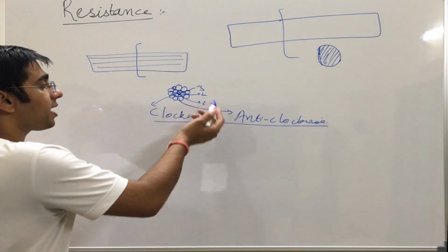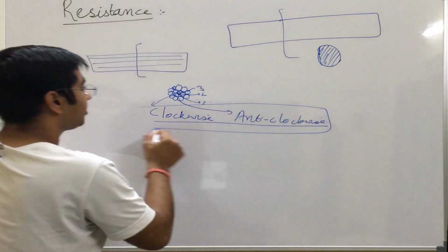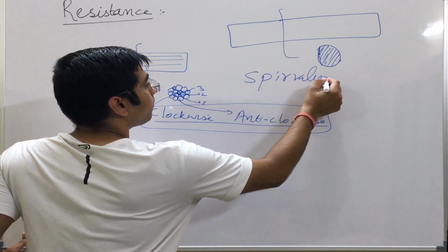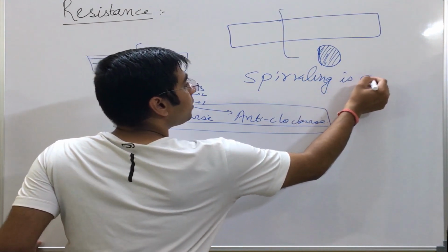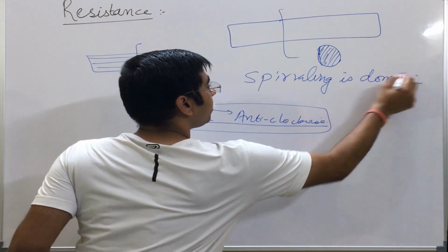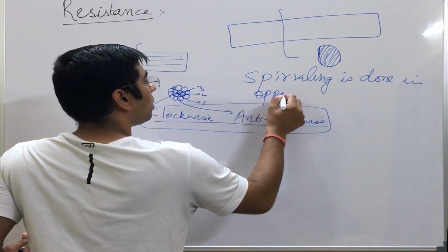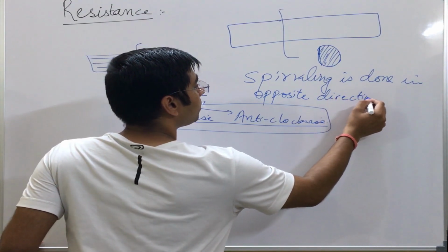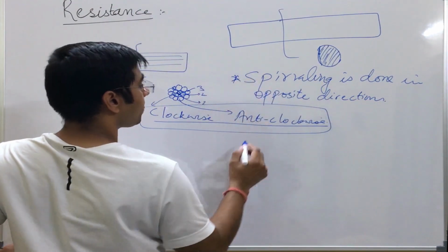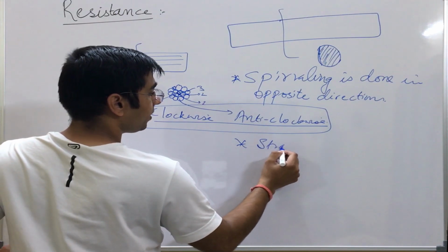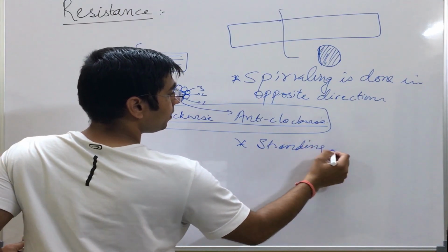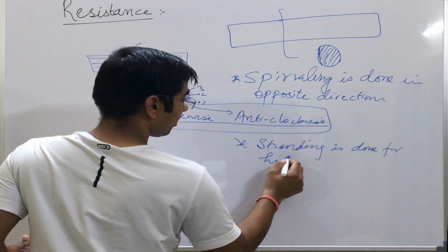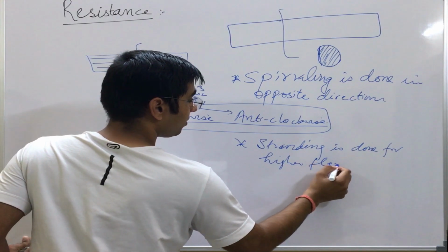That's why we spiral the layers in opposite directions, and stranding is done for higher flexibility.